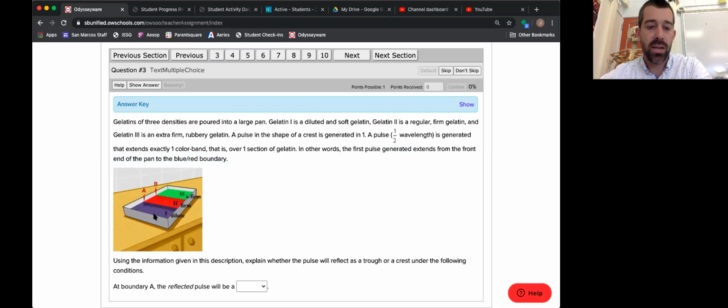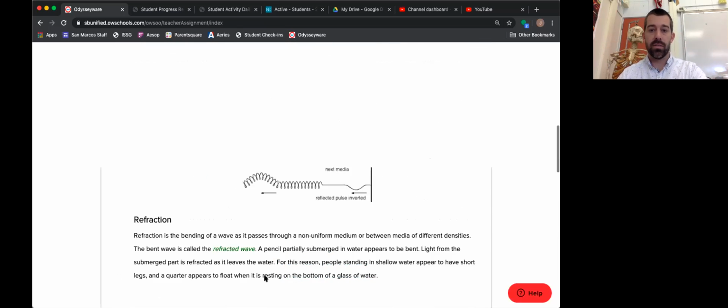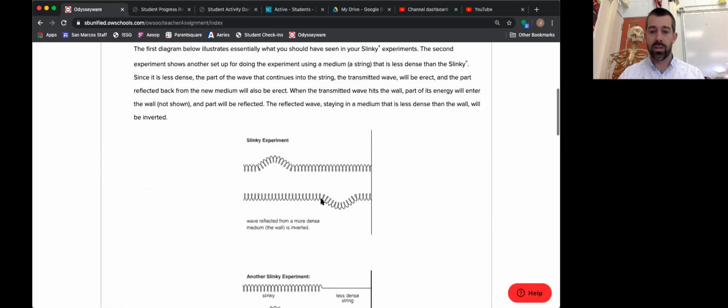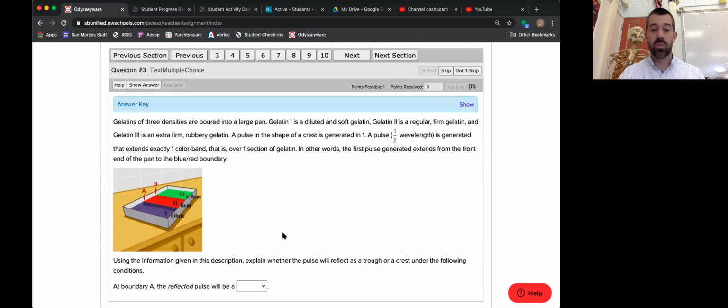So it's going from the blue toward the red. You've got to ask yourself, is it going to become more dense? Yes. And so the reflected light off of that boundary is going to be inverted, right? Look up here, if we're going to a more dense material, it says it right here, it's going to be inverted. So this first one, we're saying the reflected pulse was a crest, it's going to be inverted into a trough.